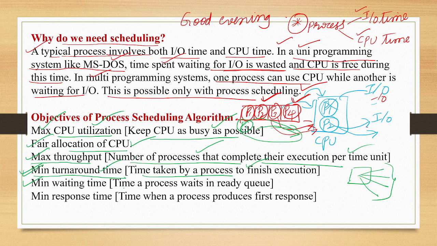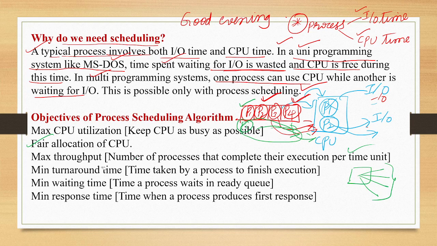Minimum waiting time: the time a process waits in the ready queue, that is, how much time a process is waiting in the ready queue to get the CPU. That is waiting time. Minimum response time: the time when a process produces its first response. We have to minimize all these factors for any process which is executing in the CPU.